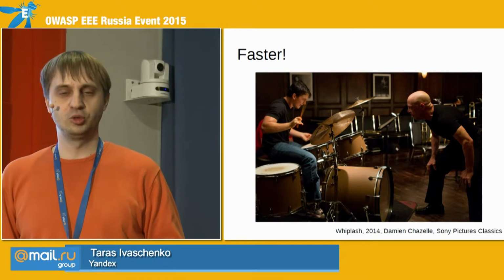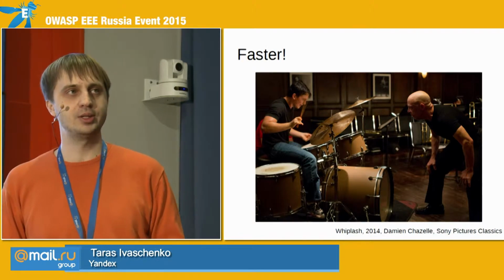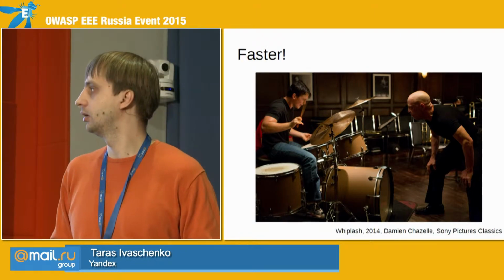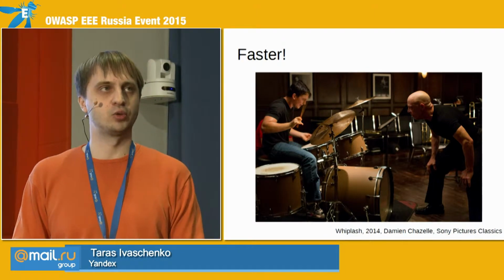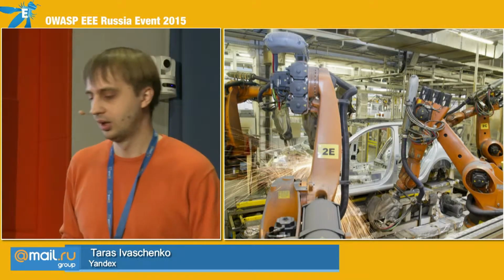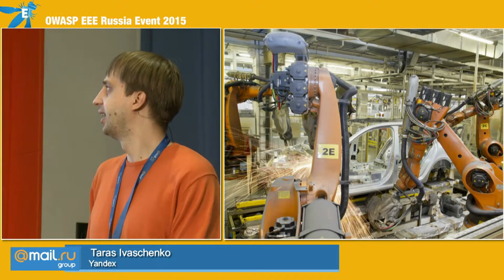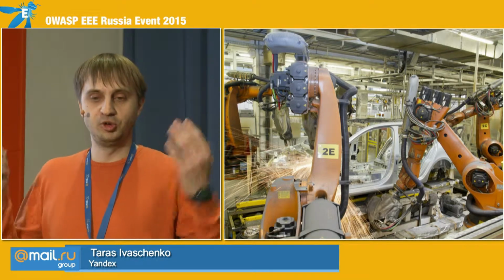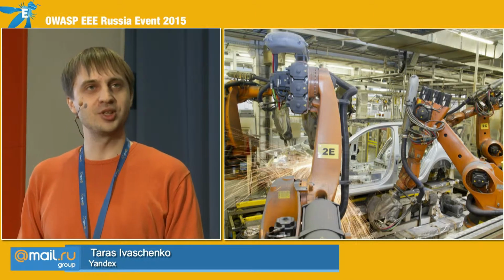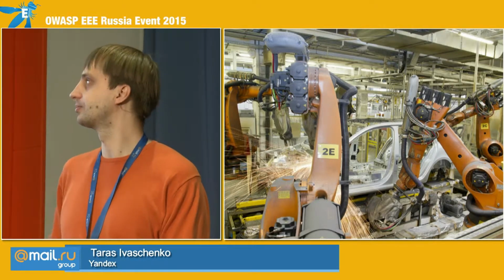But I think it will cause problems for our heads and other parts of our health. So what can we do? We can make robots to do our work for us. And we made some robots, and I will talk about them a little bit.